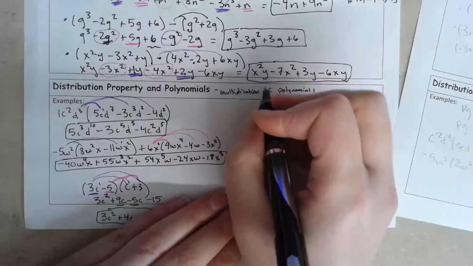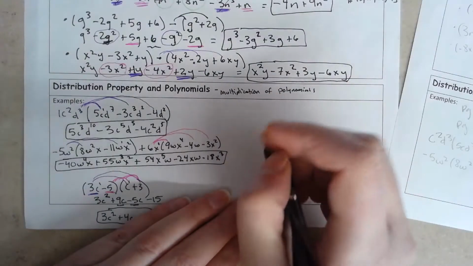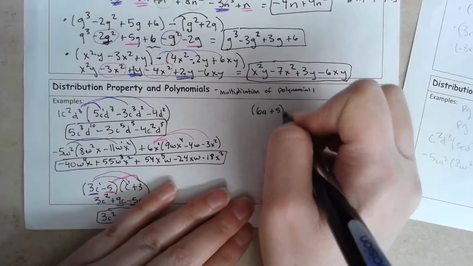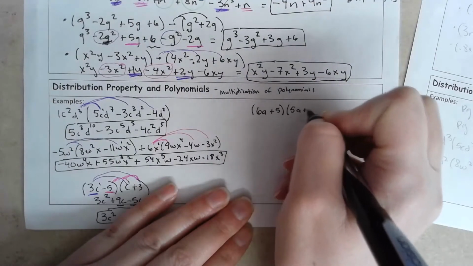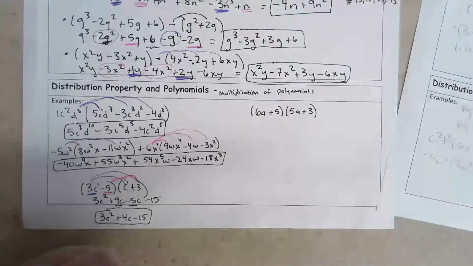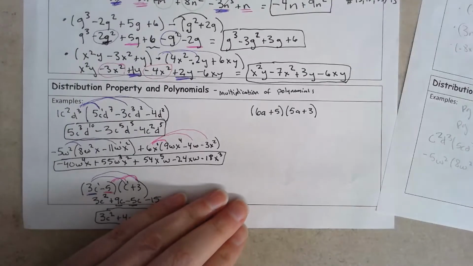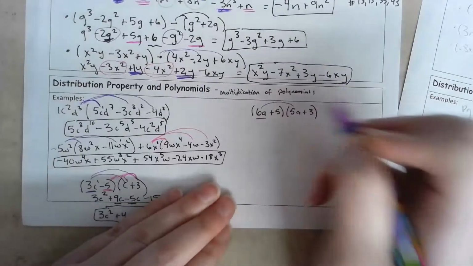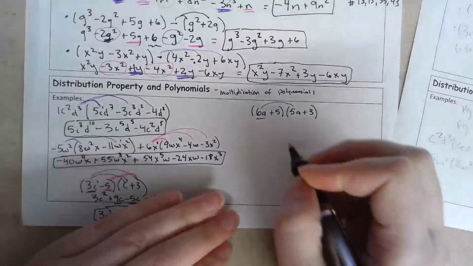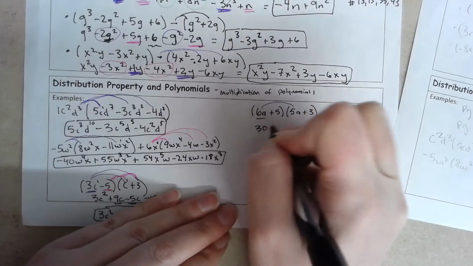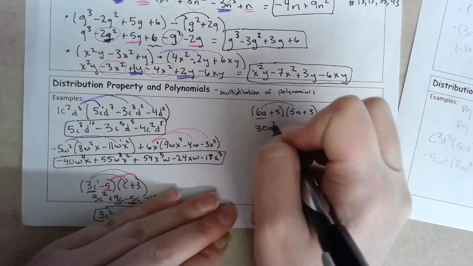Okay, let's do a couple more. So 6a plus 5 times 5a plus 3. I'm going to take my first term, 6a, and multiply it by the 5a. So 5 times 6 is 30, and a times a is a squared.